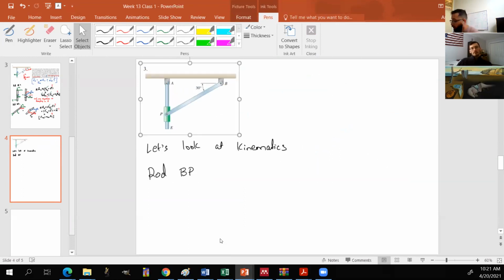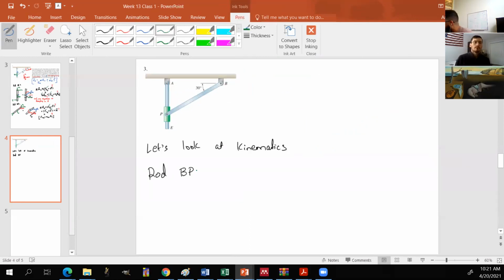All right, so now for the rod BP, I can say that the velocity of the point P is going to equal... So the first thing to do is to find out what alpha AE is going to be.